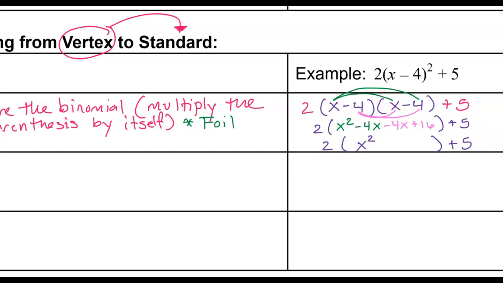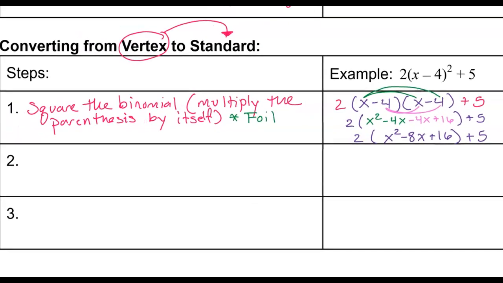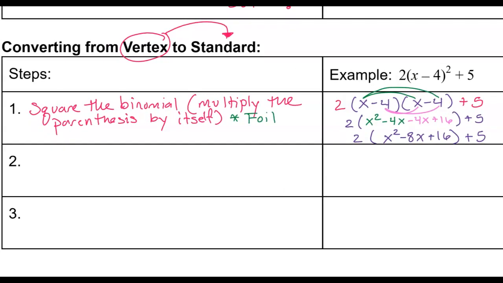There's no equal sign that we're trying to go to the other side of. We can just combine. So what is negative 4x minus 4x? Negative 8x plus 16. What do you think is our next step? What do you think we would do next?